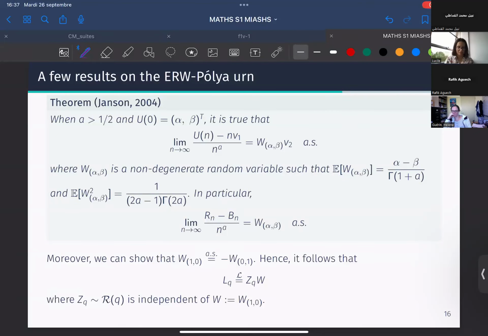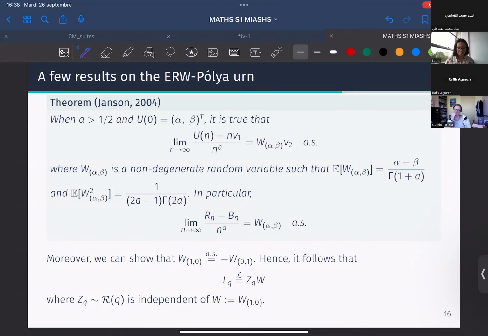In particular, when in this expression you multiply on the two sides by V2 transpose, then you find that Rn minus Bn, that is the number of red balls minus the number of blue balls, divided by n to the power a, converges almost surely to a random variable, the random variable that was just above.